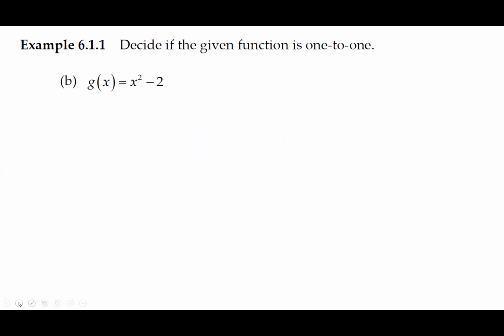How about x squared minus 2? Well, we know that this graph looks like a parabola, and by looks like, I mean it actually is. Well, gee, here are two of the same outputs coming from two different inputs. So we could do this a couple of ways.